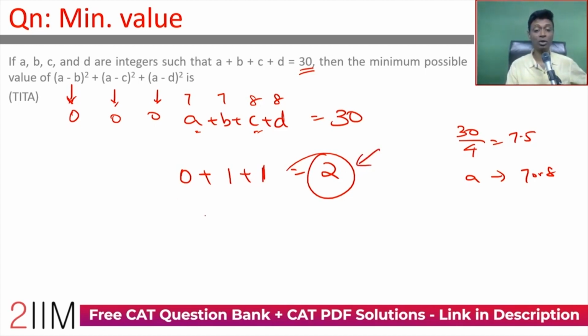So better than 0, 1, 1, we should look for 0, 0, 1. We should look if there is a possibility of 0, 0, 1: A equal to B equal to C, and D being slightly further away. And so 8, 8, 8, 6 doesn't work. 7, 7, 7, 9 doesn't work. 7, 7, 8, 8 is the best possibility, or the least is 2.